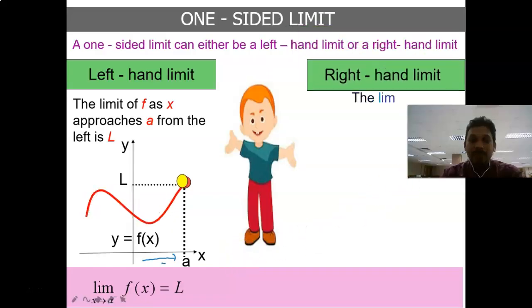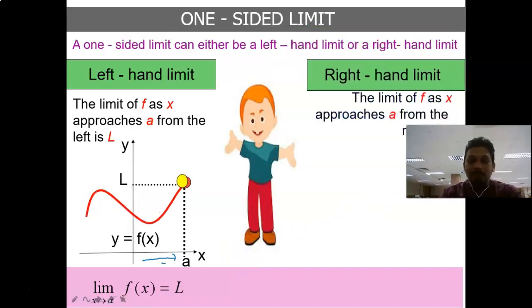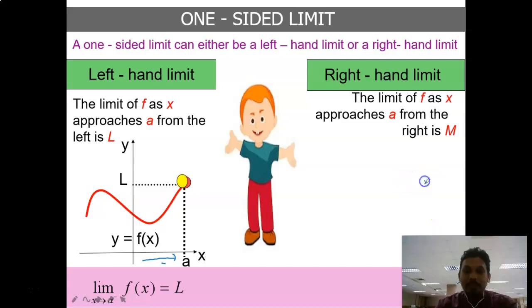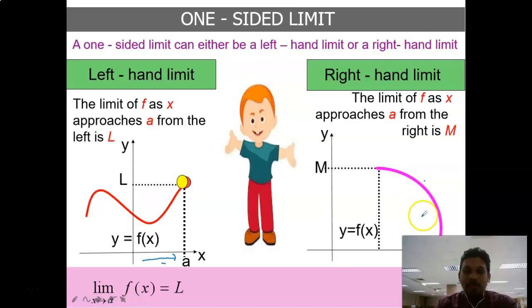And also the right hand limit. For example, there is only graph approaching x equals a here from the right side. From the right, there is no graph from the left.